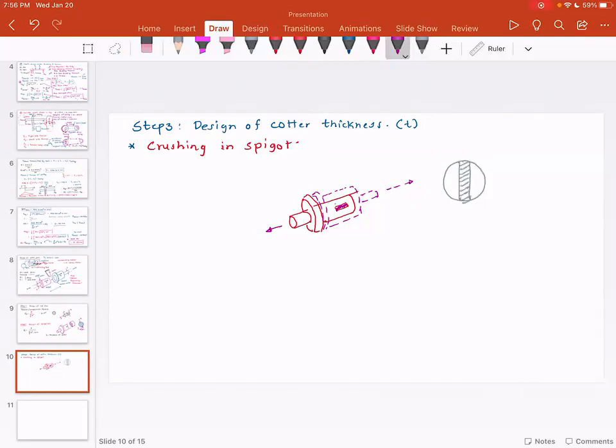So this is the resisting area, or this is where the failure can take place. So sigma C is equal to P divided by D1 times T. Now, a word of caution. Many a times, the material for the quarter is different than the material for the spigot and socket. So you have to use the crushing strength of quarter material.